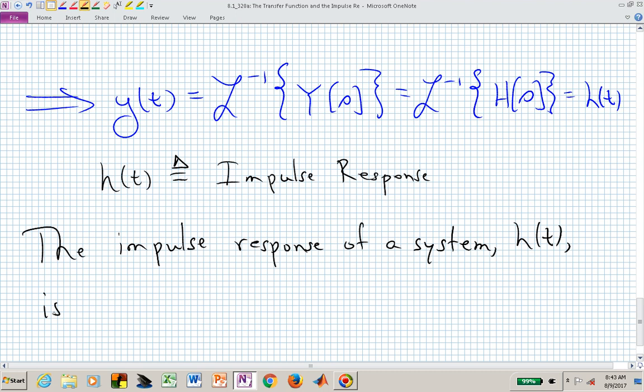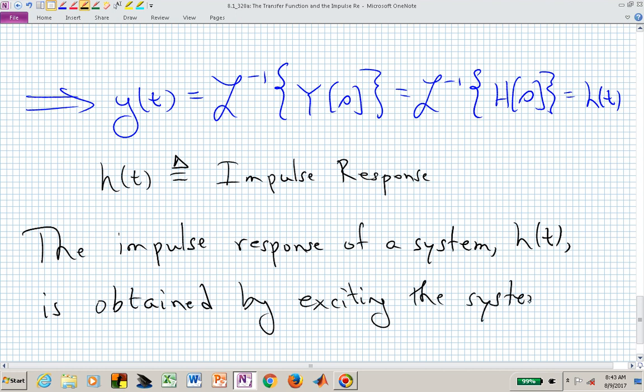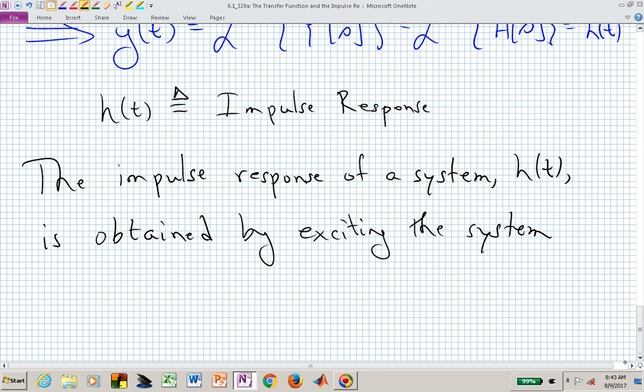That impulse response is obtained by exciting the system at its input with the impulse function.